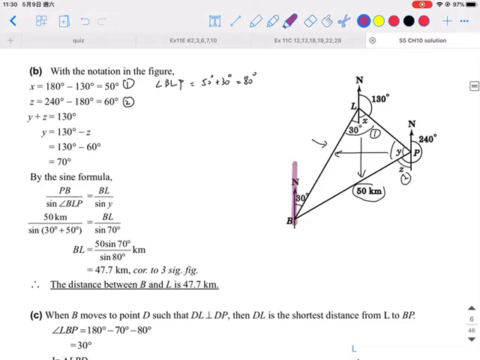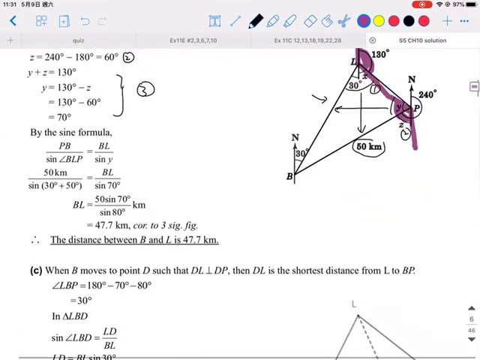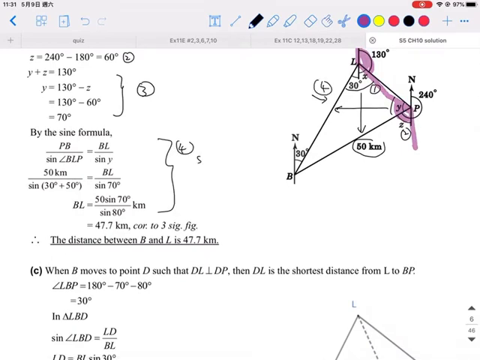So let's say this one, Y plus Z. Here we can have alternate angles, because 130 degrees is equal to Y plus Z. So that means in this third part I can find the angle Y. Once we can get a pair of angles and length, we can find our target. Therefore, we can use the sine formula. So we finish the part for BL.